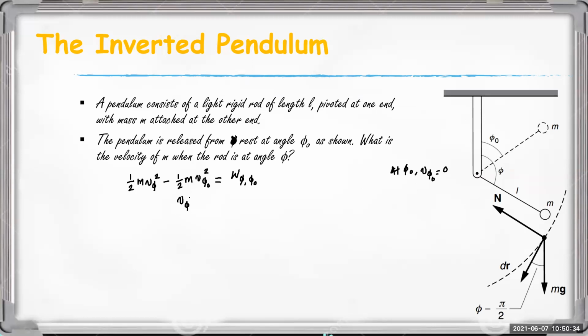To obtain it, we write v phi squared is equal to 2 w phi phi 0 divided by m, or v phi is equal to the root of this quantity, that is, the root of 2 w phi phi 0 divided by m.